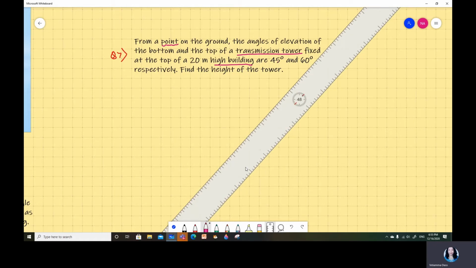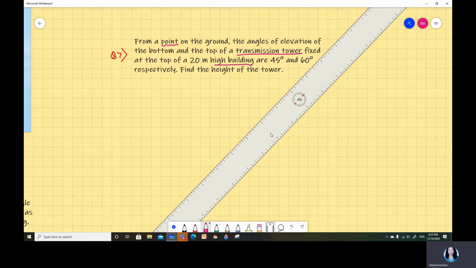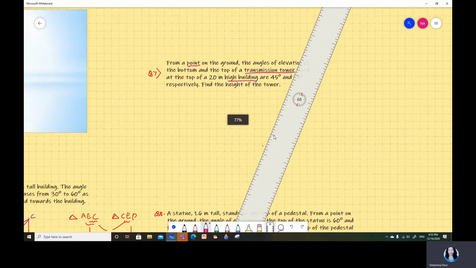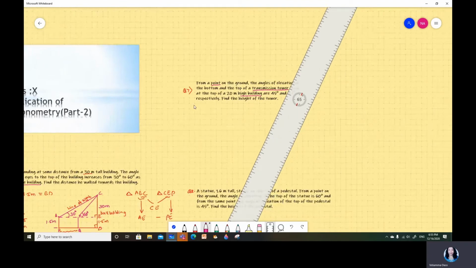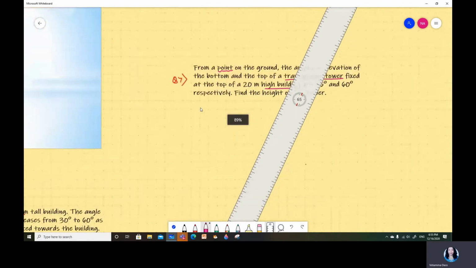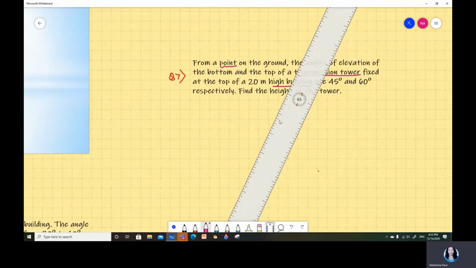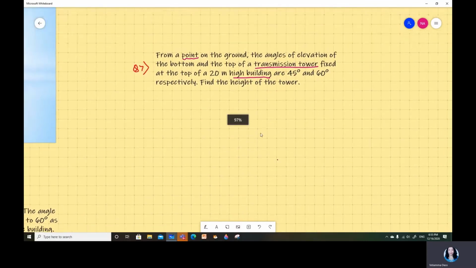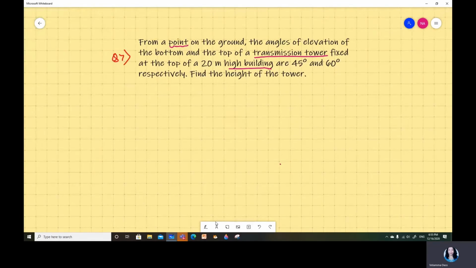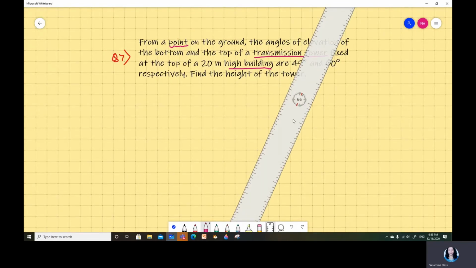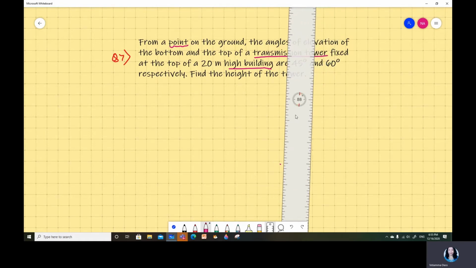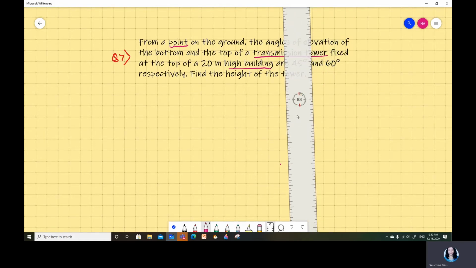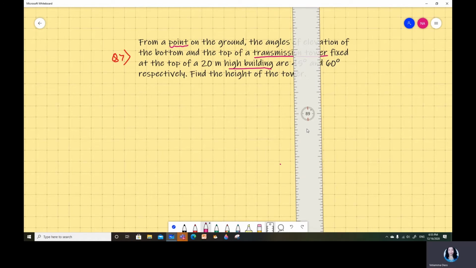So let's take our scale. Here we will draw first the building.